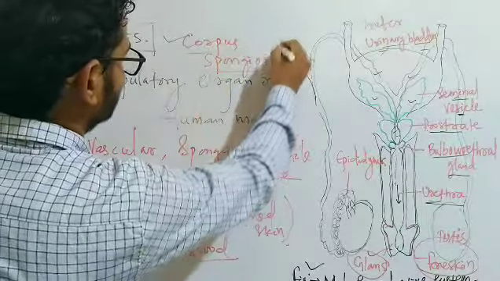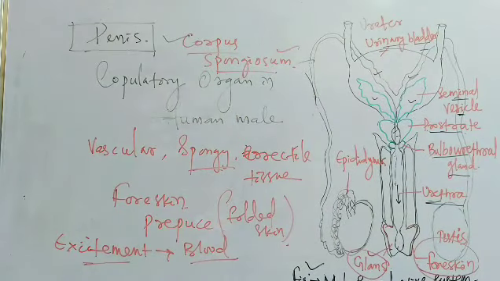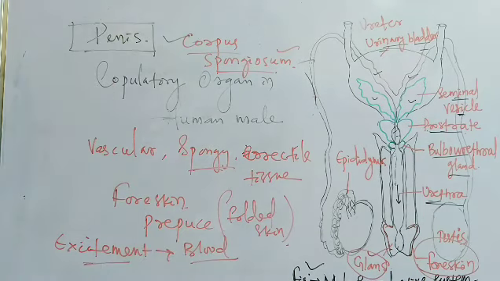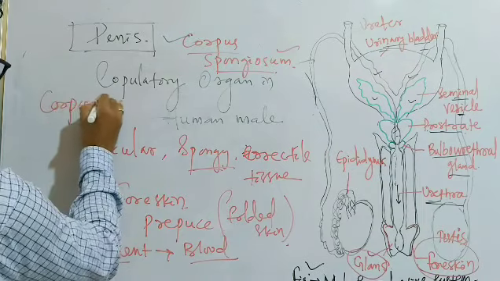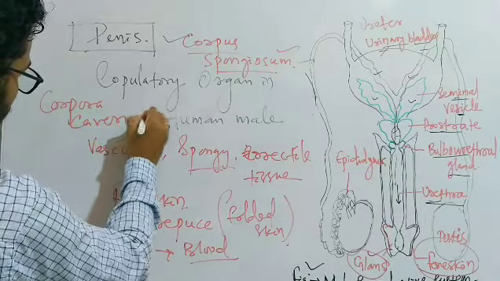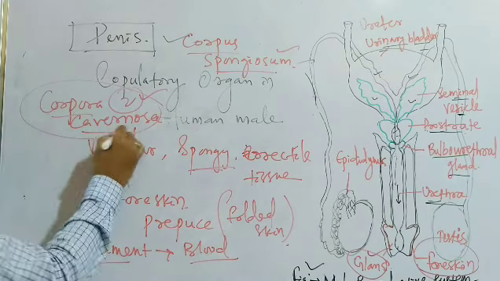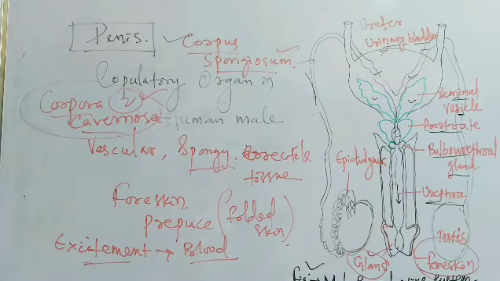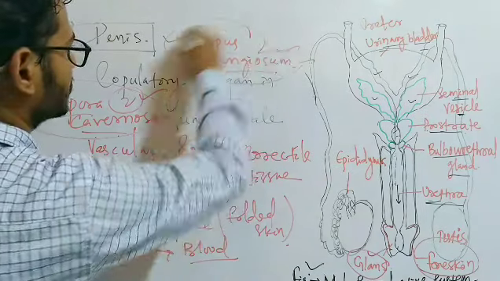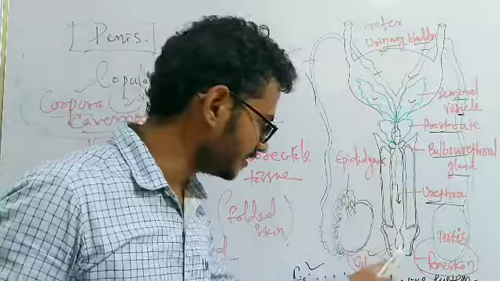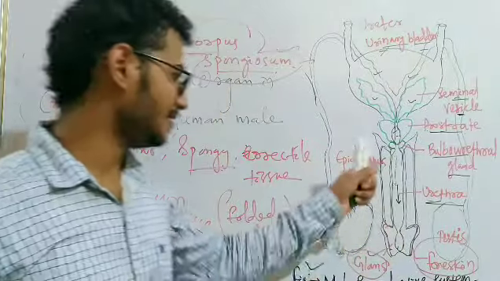From the name we can say that this is spongy tissue. Above it, two corpora cavernosa are there. So there are two layers of corpora cavernosa and a single layer of corpus spongiosum. These tissues are present in the genital organ of the male, that is the penis.